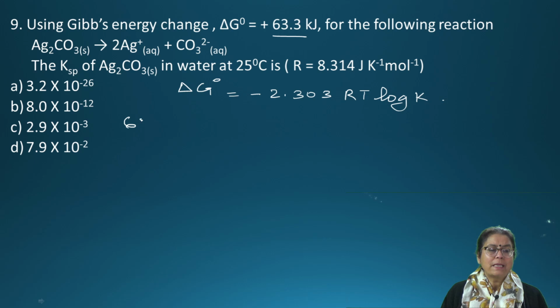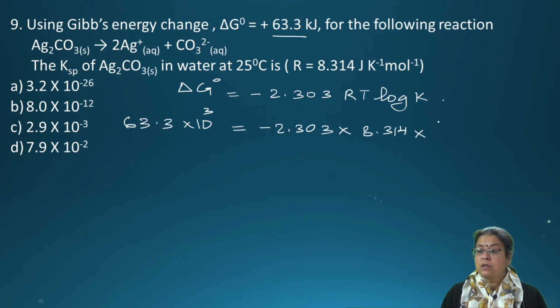ठीक है, let's put the values. 63.3 kilojoules मतलब 63.3 into 10 raised to power 3 that is equal to minus 2.303 into R की वैल्यू आपने 8.314 लेनी है जो कि आपको क्वेश्चन में दे रखा है. Into temperature is 25.